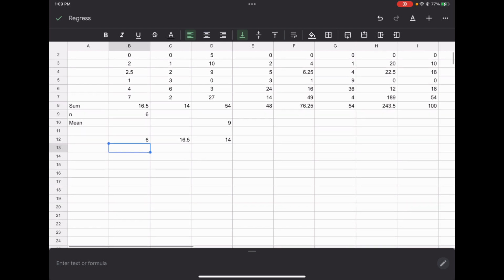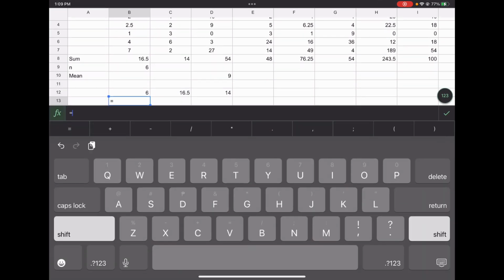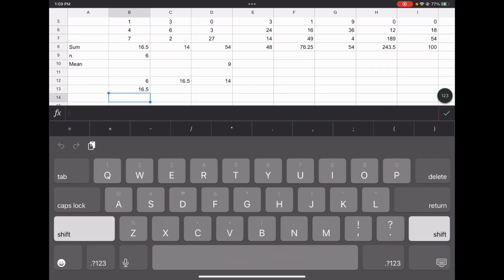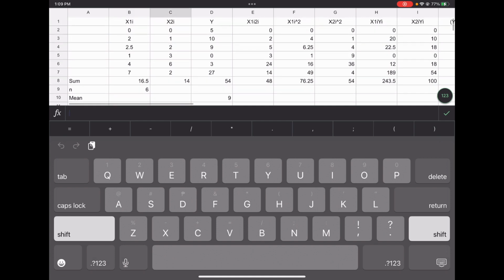And from here, we just copy the same thing. So this is x sub i. Then this one is x sub 2. And then this is the square of x sub i.